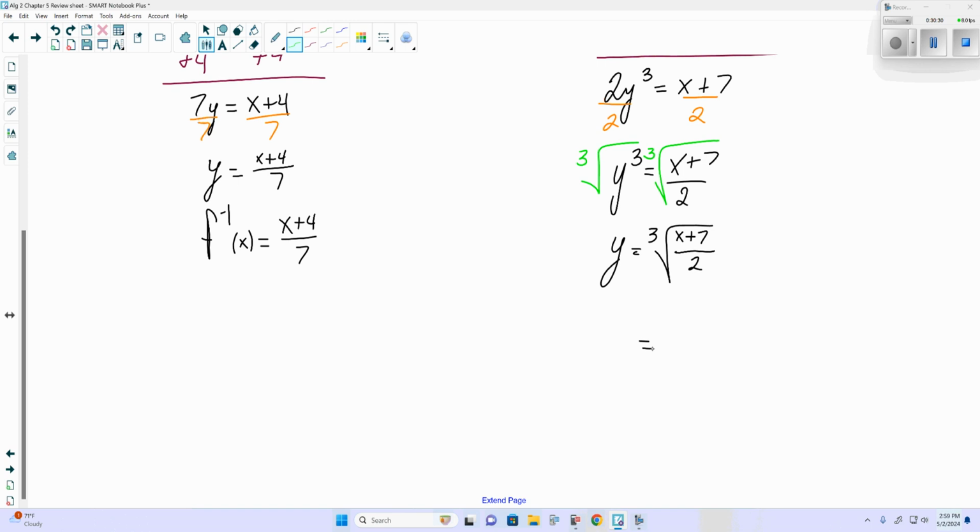And then we rewrite this as what? g inverse, because we started out this function as g of x, so its inverse is g inverse. Questions on this here? We're going to finish this tomorrow.